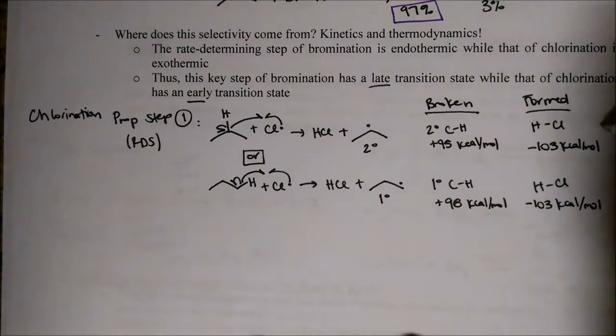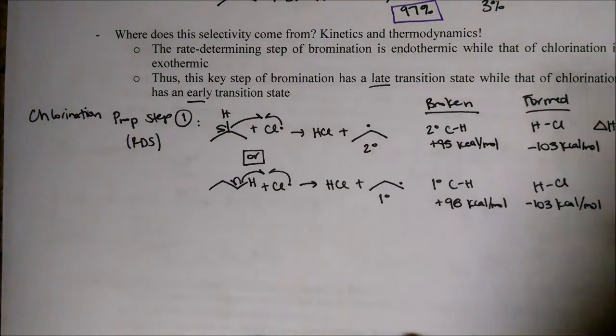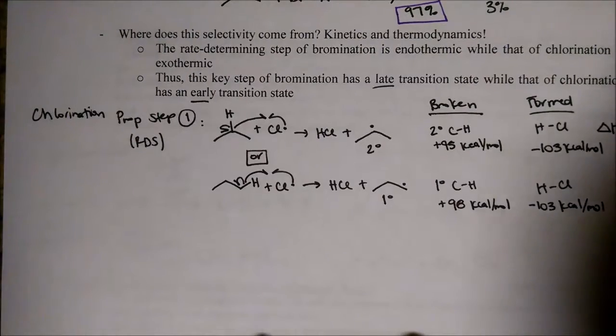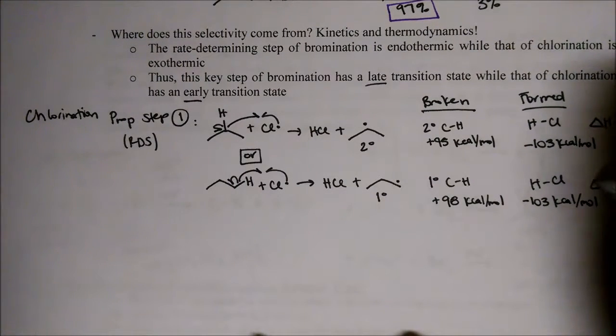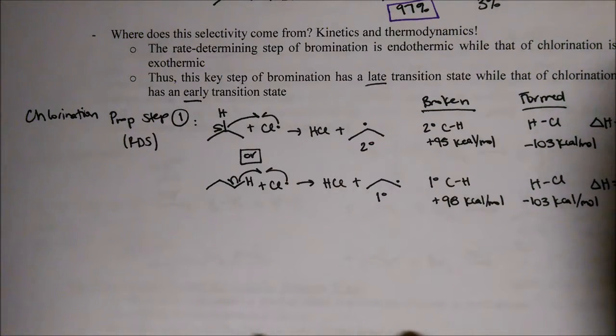So then delta H here is negative 8 kcal per mole, because we just add them up, or we subtract this amount from that amount. So we get negative 8 kcal per mole, and the delta H here, negative 5 kcal per mole.